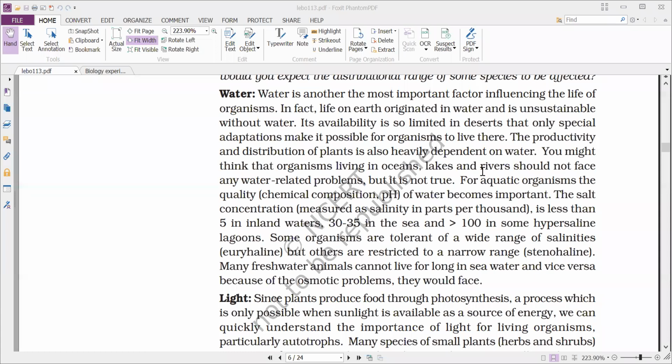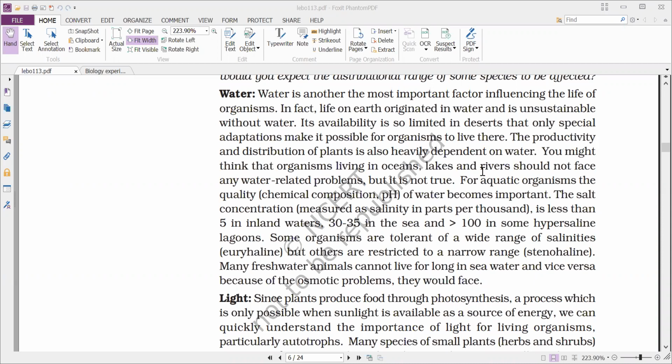And at the same time, if you observe any organism living in fresh water, here what happens? The concentration of fresh water is less. That means the water potential or water concentration in the fresh water is high, higher water potential, higher water concentration in the fresh water when compared to the body fluids of the freshwater organism.